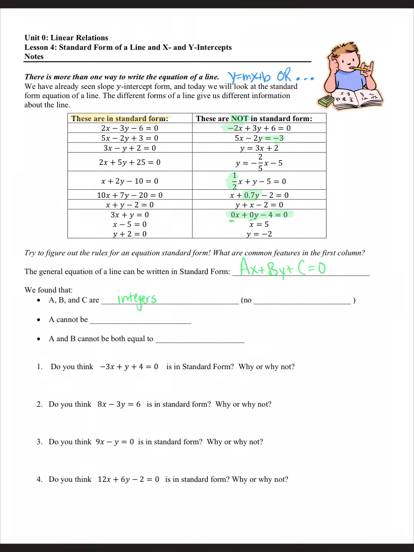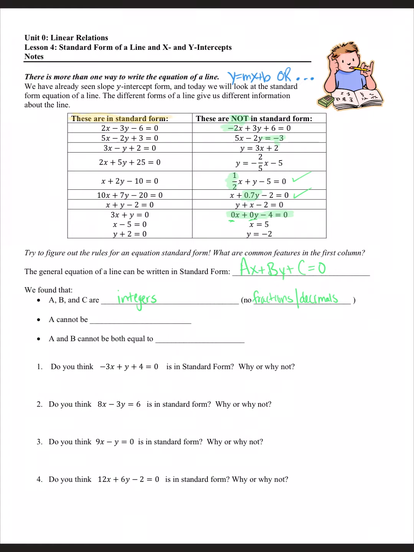So that means they are positive or negative whole numbers. There are to be no fractions and no decimals. So you can see that here. This one had a fraction, this one had a decimal, and that made it not standard form.